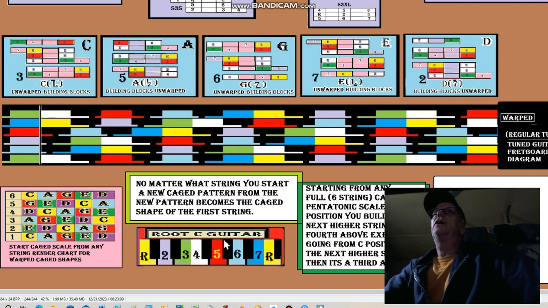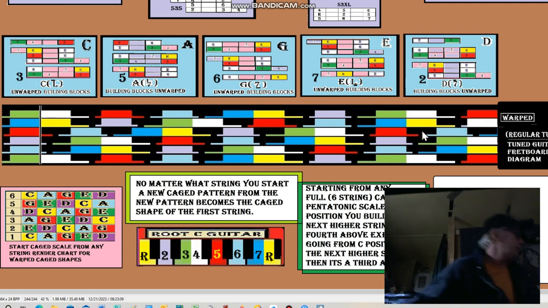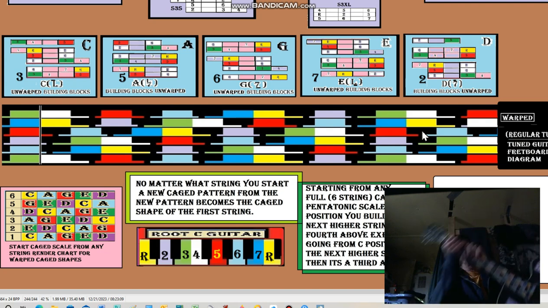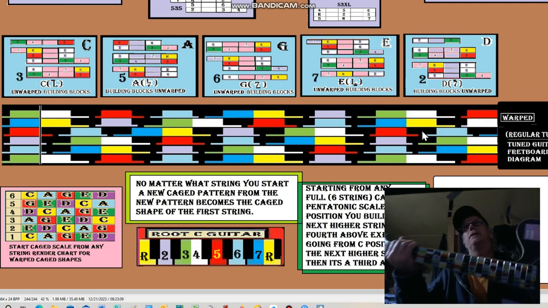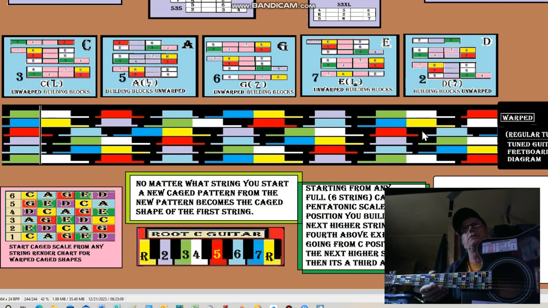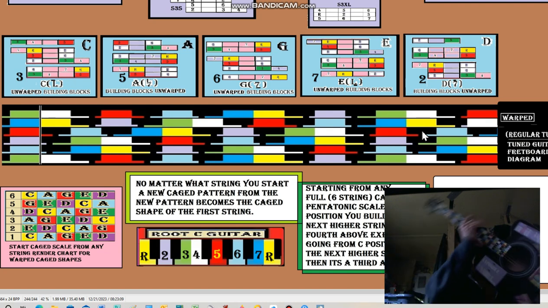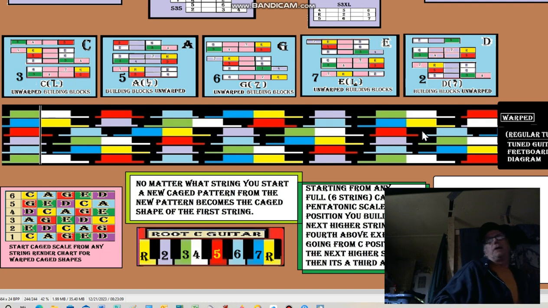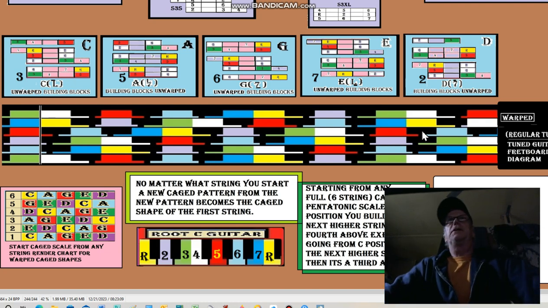Now these colors don't change. This is what's wonderful about the fretboard, these colors don't change. I can't seem to get the lighting right on this, but they're permanent. That's where the notes are, and you know that. You can change the tuning of the guitar, but you're not going to change the arrangement of the notes and the frets that make the notes.